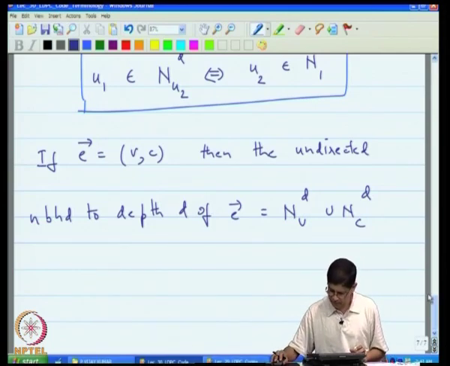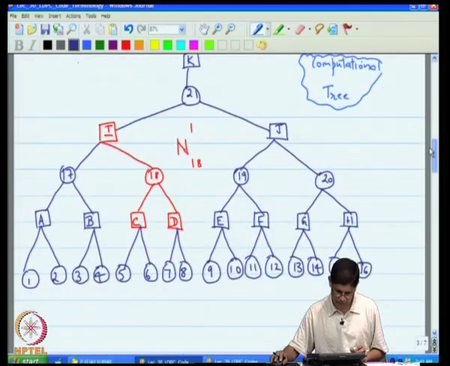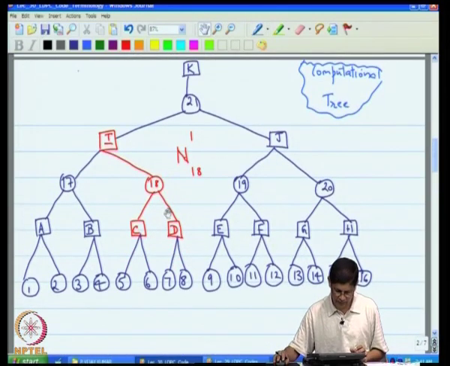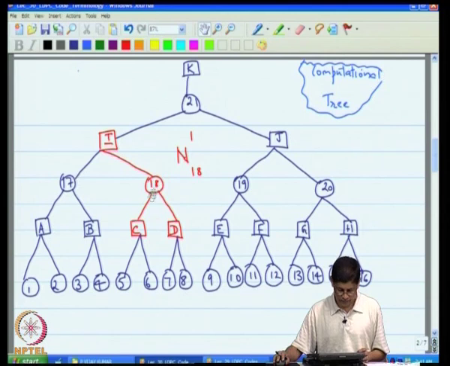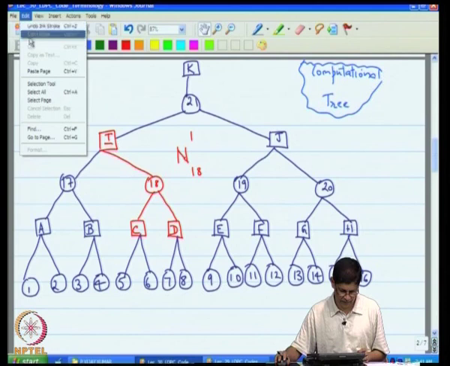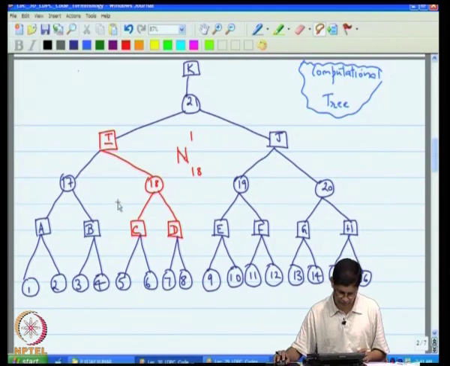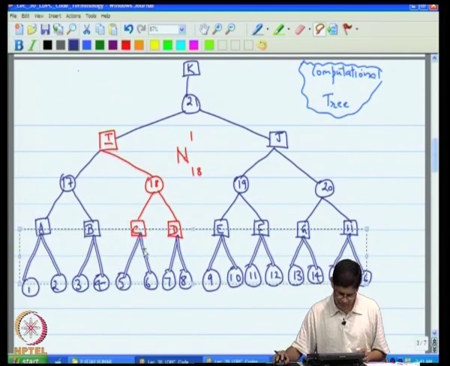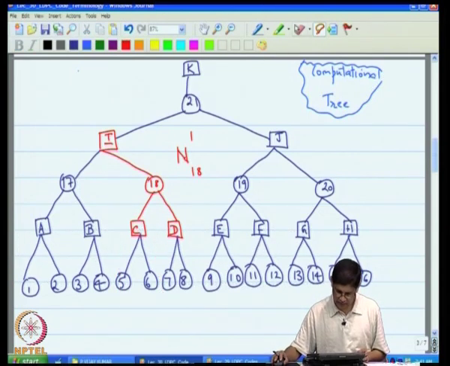So, again getting back to the graph. For example, if you are here and you are asking what is the undirected neighborhood of this edge to depth 1, that means that it is the one depth neighborhood of this node as well as this node. I am going to have to do it the hard way.